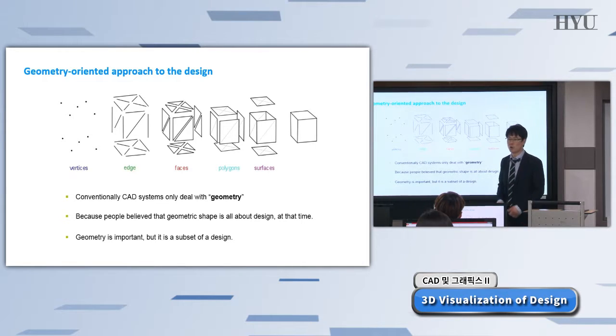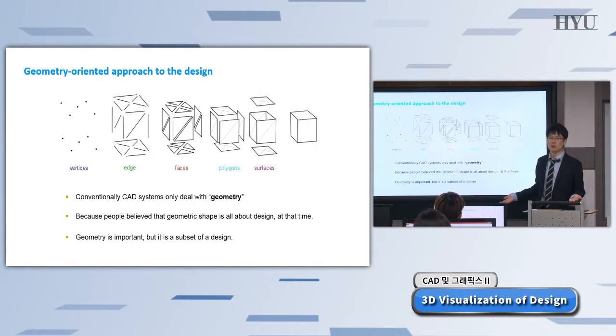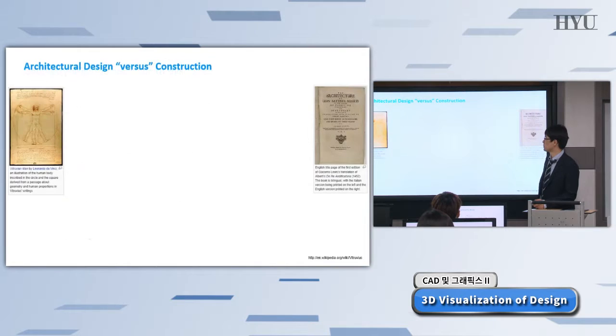Design has a lot more subcomponents, not only geometry. But anyway, in terms of the geometry-based approach, our major goal is geometric modeling, okay? That is our main subject for this semester.